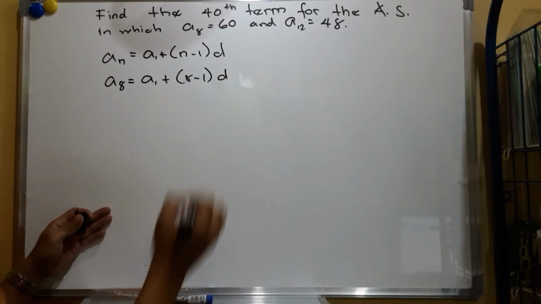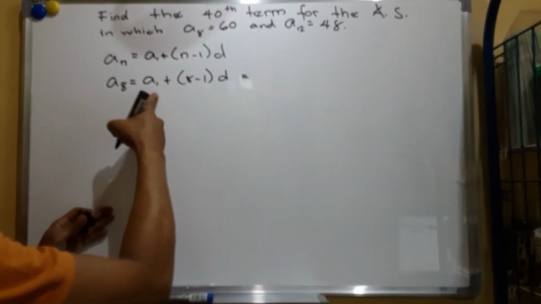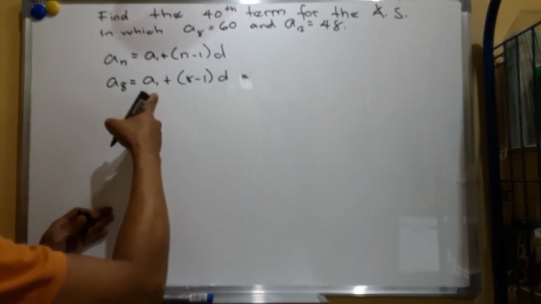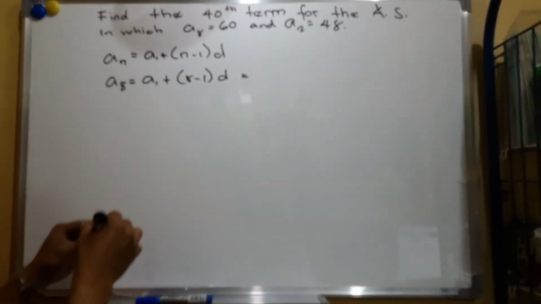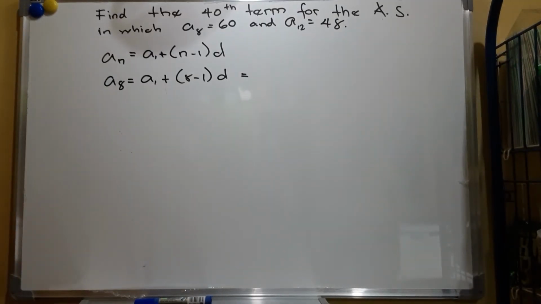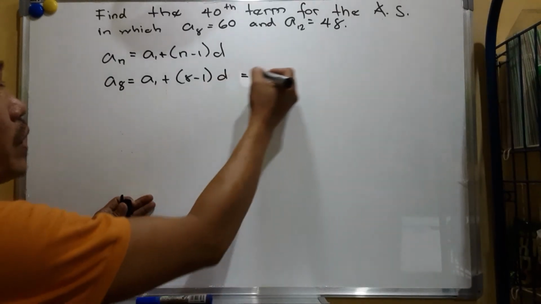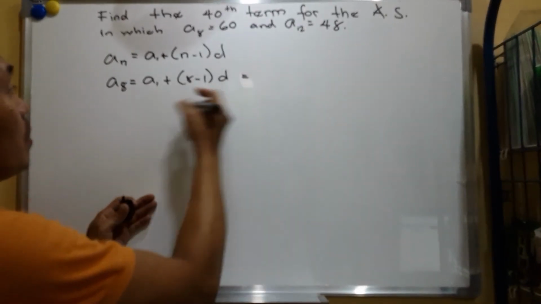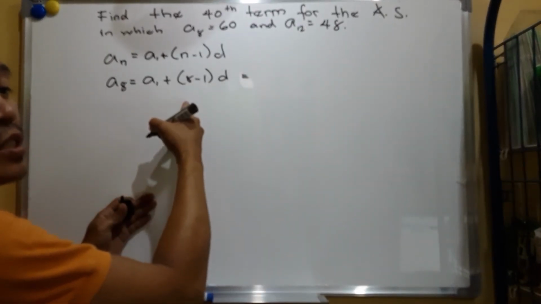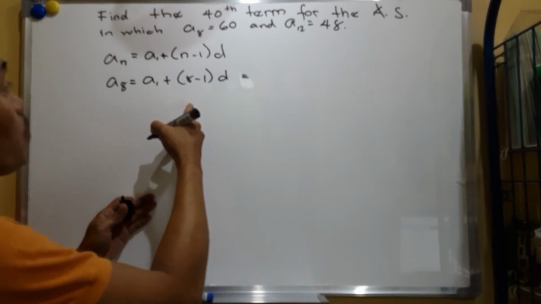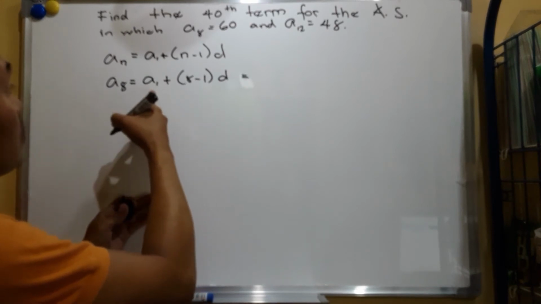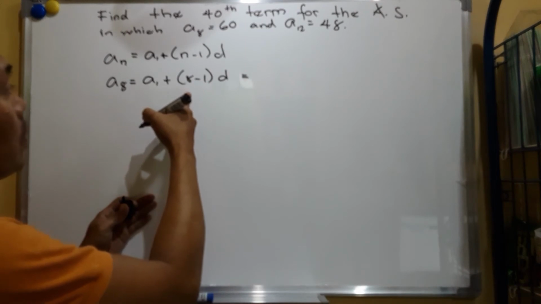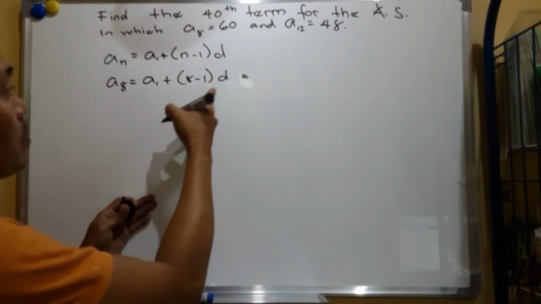So, let's continue. 8 minus 1 is 7. Substituting, a sub 8 is equal to a sub 1 plus quantity 8 minus 1 times d.